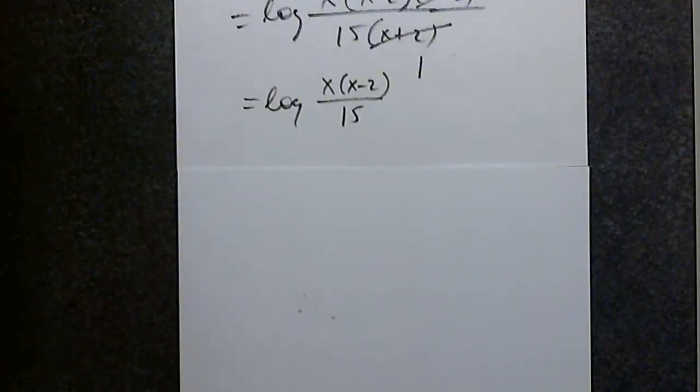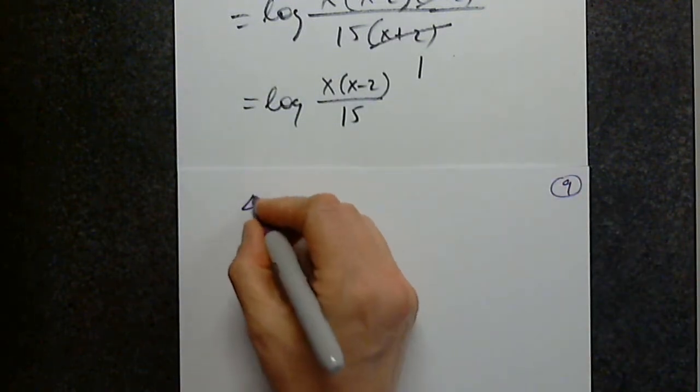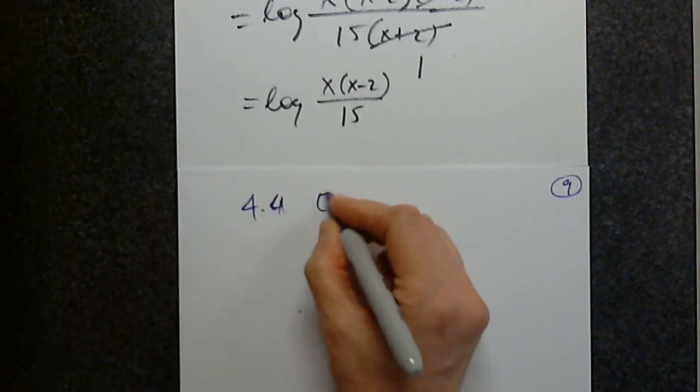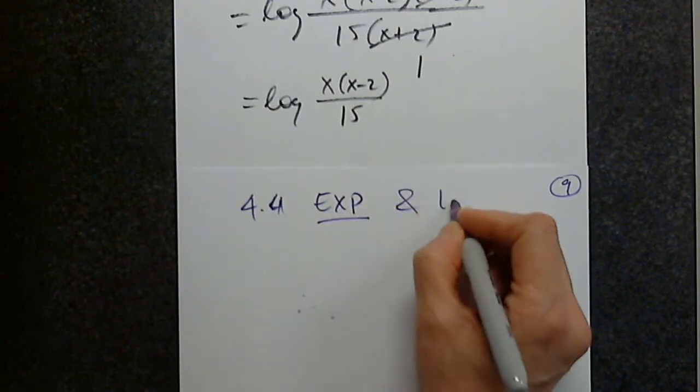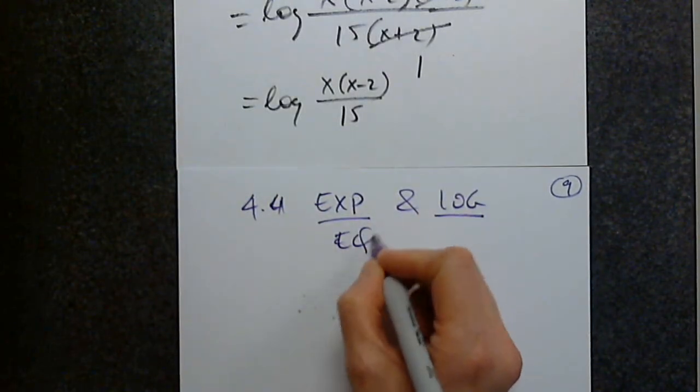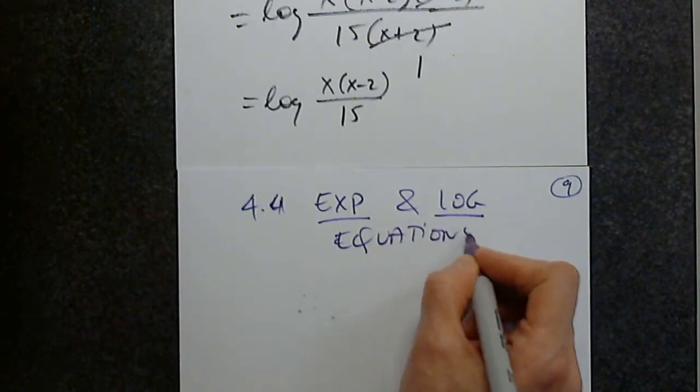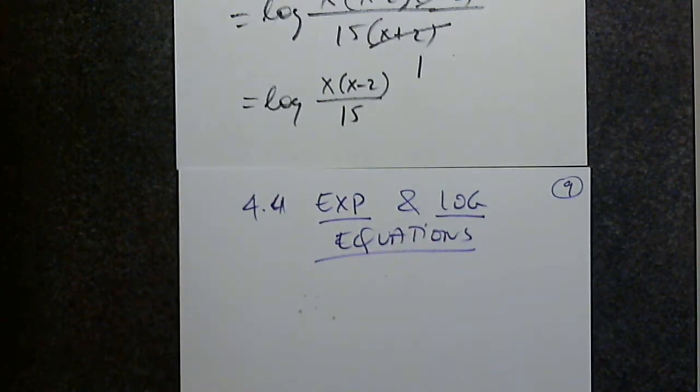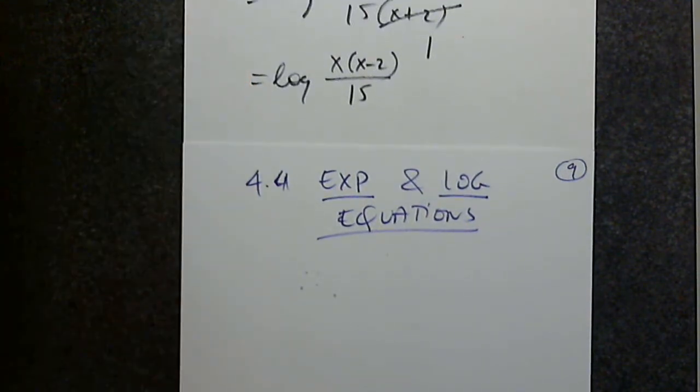Okay, now you're going to understand why we did what we just did. 4.4, exponential and log equations. Let's start with exponential. How many different types of equations do we know?